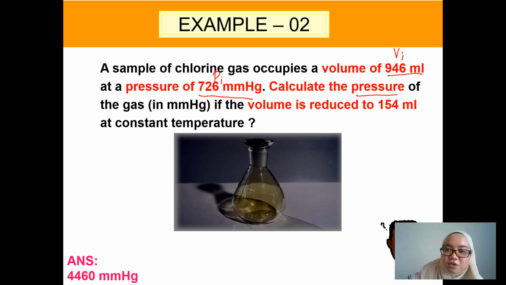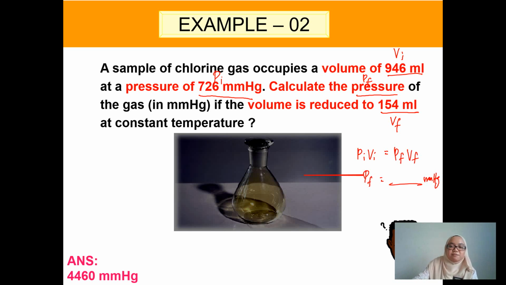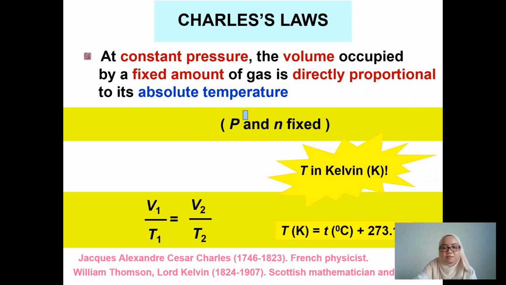They want us to find the final pressure given the final volume. So we can use P1V1 equals P final V final, so that you can get the answer for P final in mmHg.